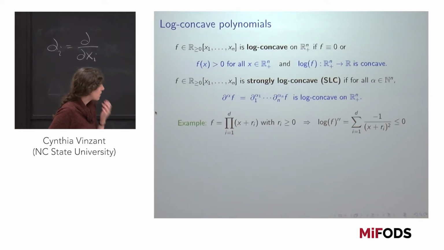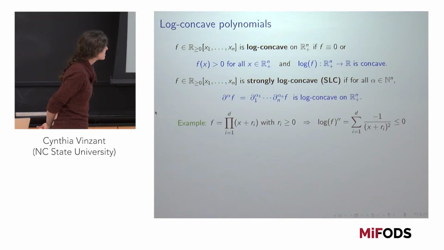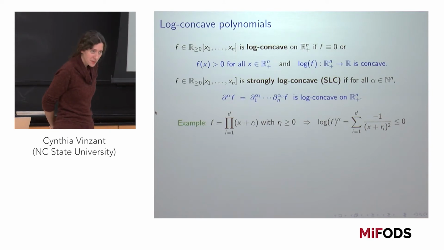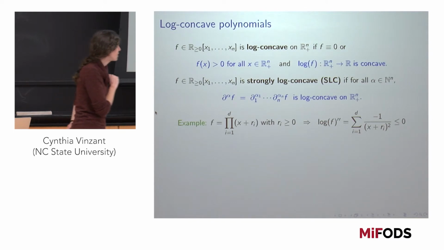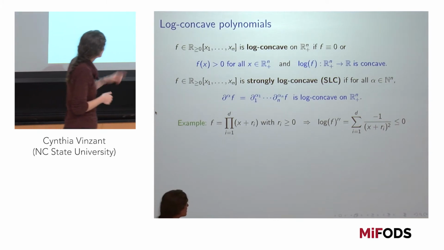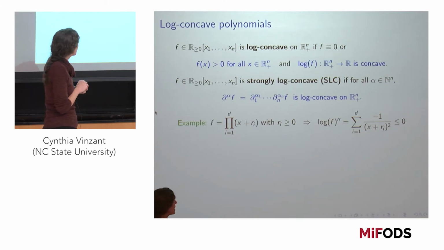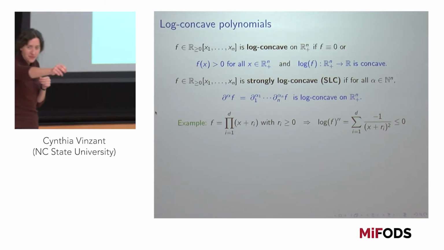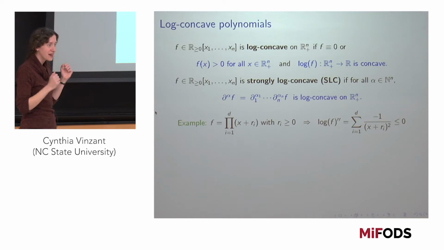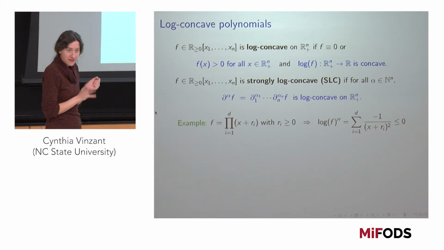Just to do an example, the simplest way to get an example of such a polynomial is to take a real-rooted univariate polynomial whose roots are non-positive. So for example, here's a nice univariate polynomial with roots minus r_i. And I claim that this is log-concave on the positive real line. And I do this by busting out my calculus and taking the log and taking two derivatives of it.